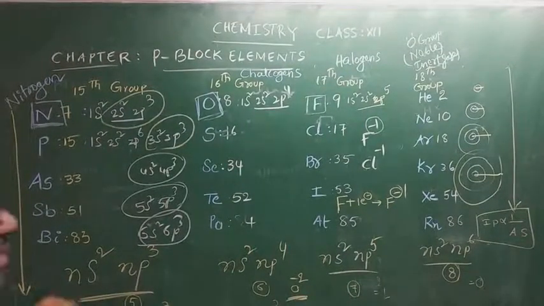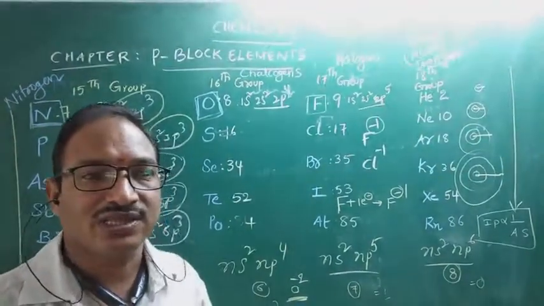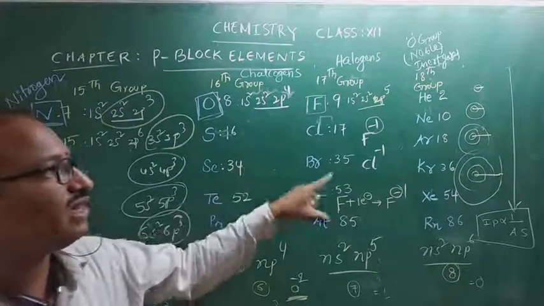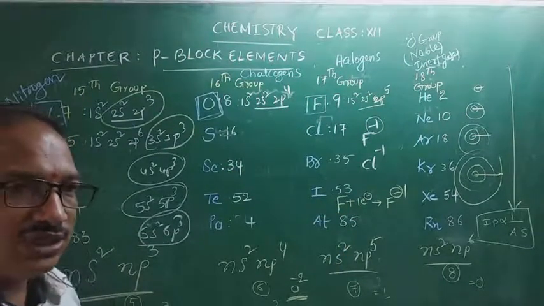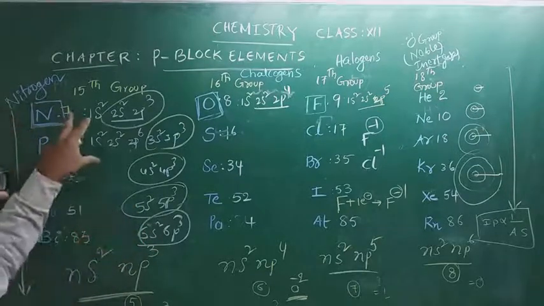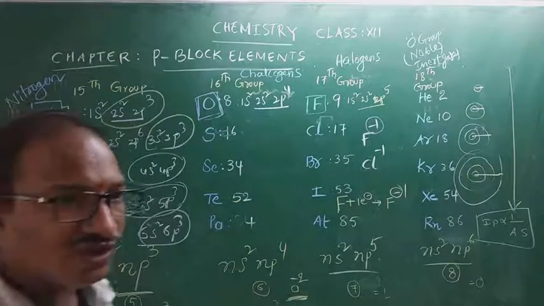Children, these general characteristic properties will be the same, whether it is 15th group, 16th group, 17th group or 18th group. So today I explained the general characteristic properties and valence shell electronic configuration of elements.